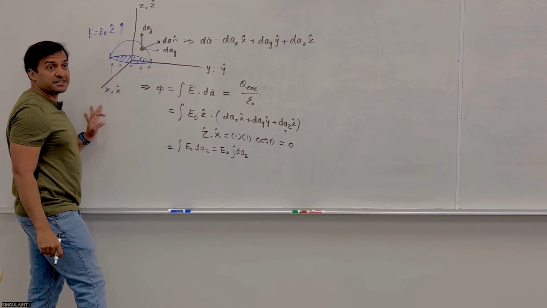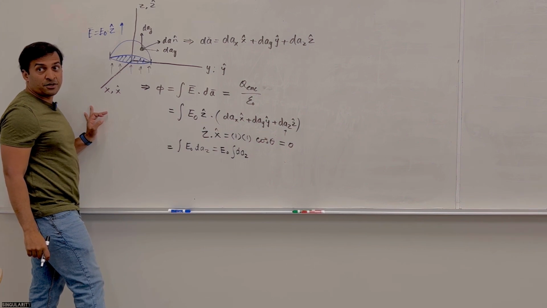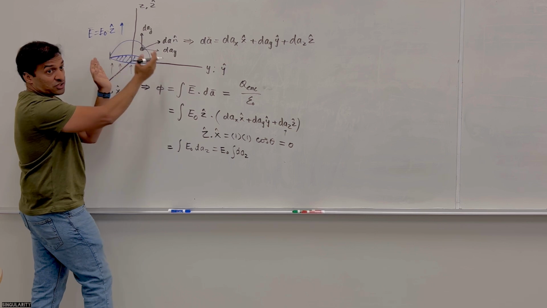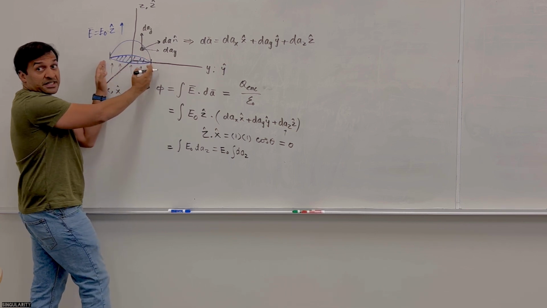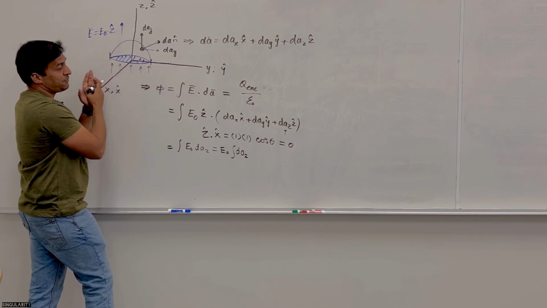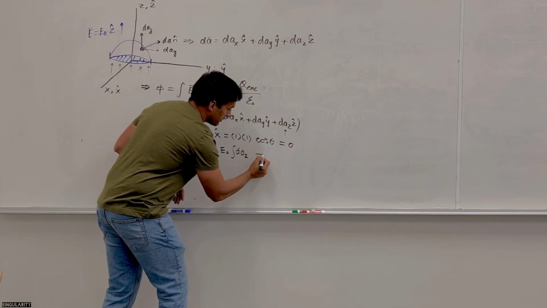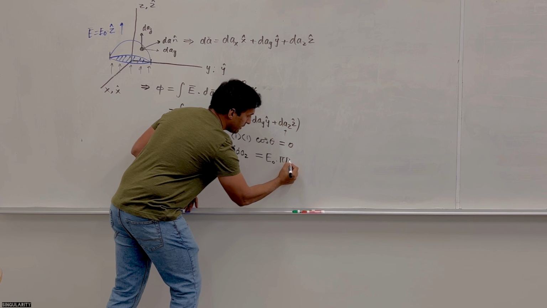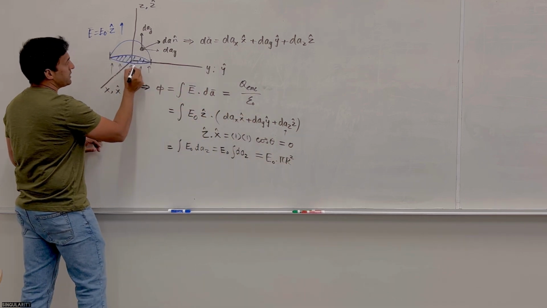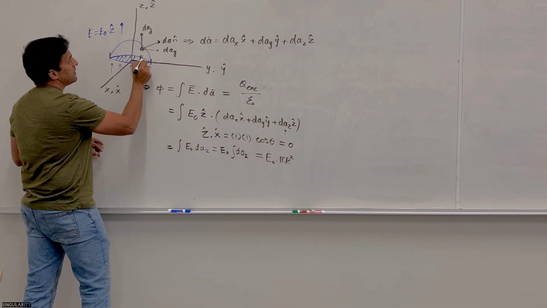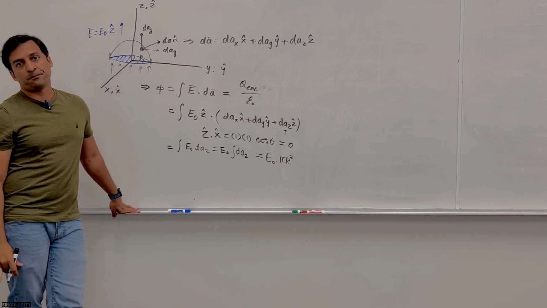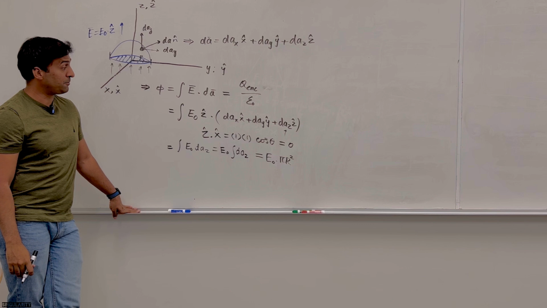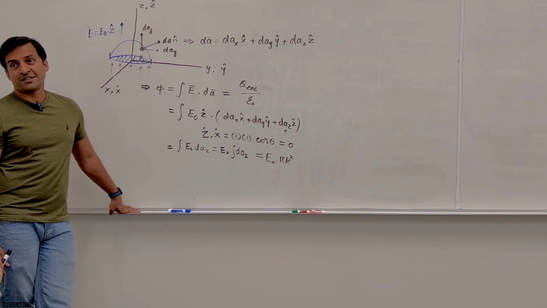Actually the area that we need to consider is just the area of the bottom region, because this is our bowl, although it's curved, this is the maximum area that it can have. The area of this bottom surface is pi r square. So your flux becomes E naught times pi r square, where r is the radius of the bottom surface of this hemispherical bowl. That's the mathematical answer.